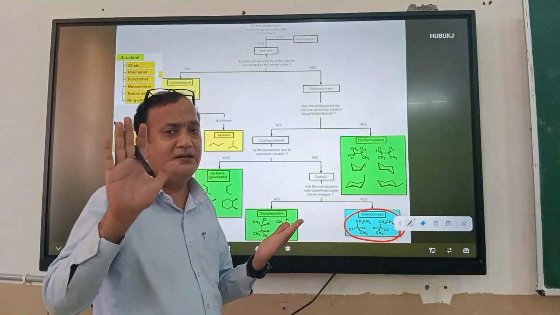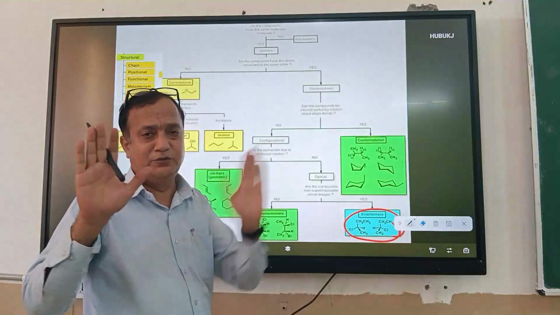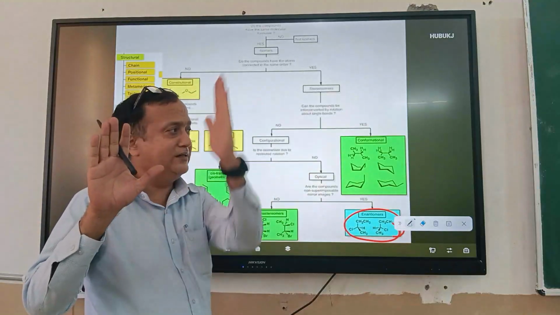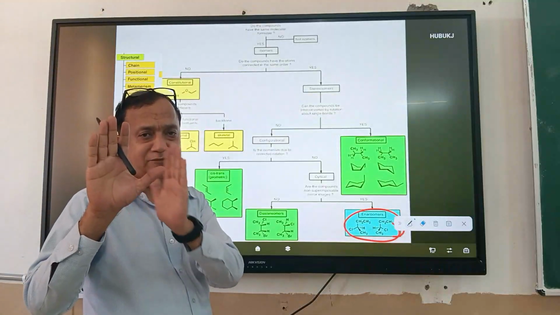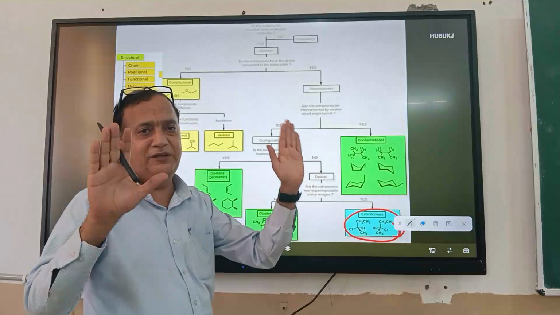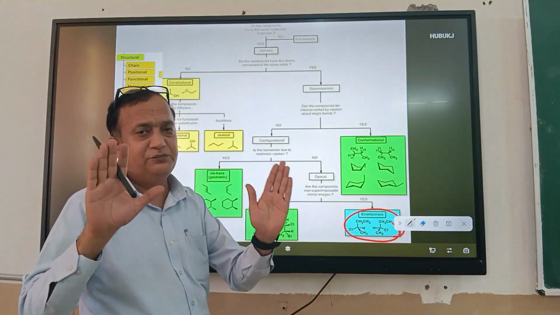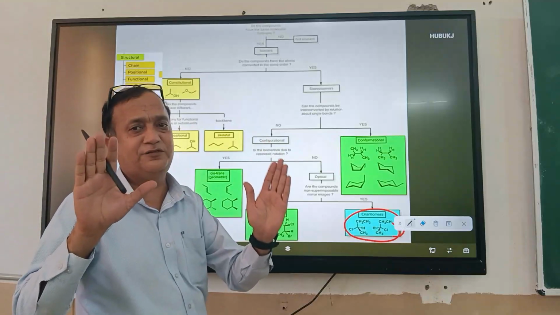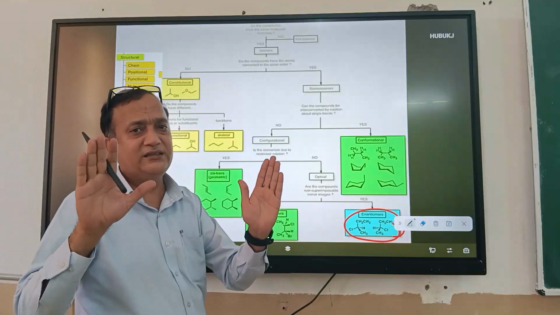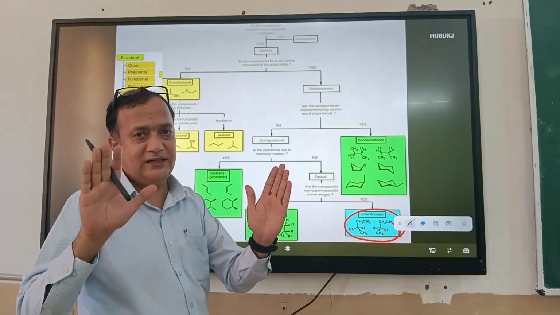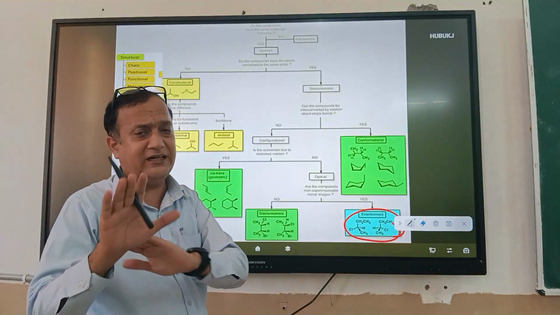Handedness means this is my right hand and this is my left hand. If I put a mirror here, then whatever the image of my right hand is formed in the mirror, that will be the image of my left hand. The compounds which are mirror images of each other are known as enantiomers. And as you know, we cannot fit the right hand over the left hand.